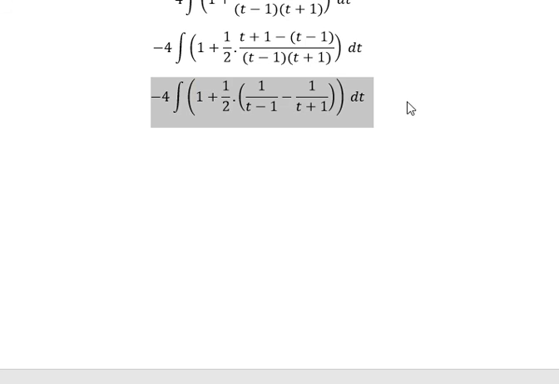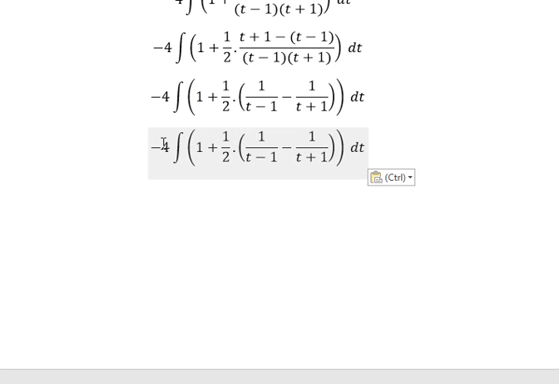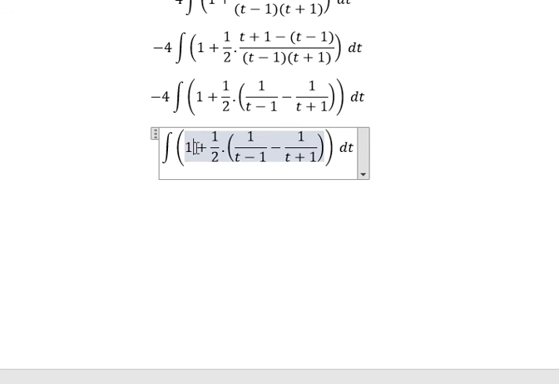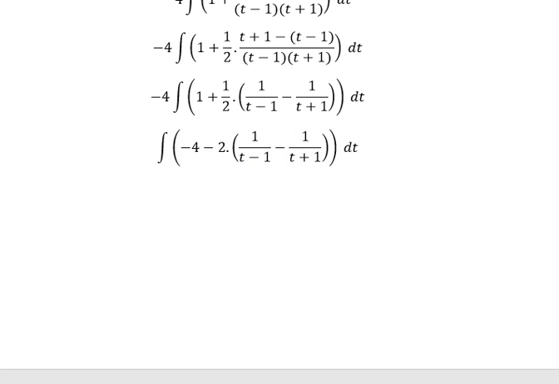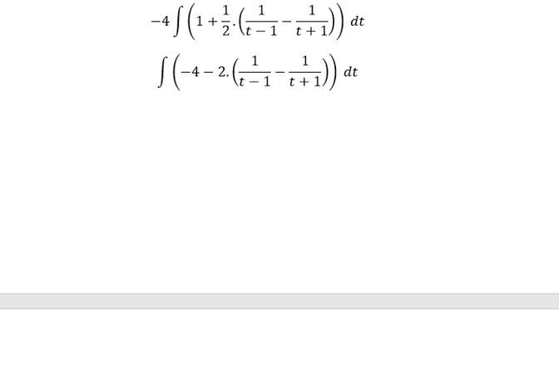And now we have the negative number 4. We multiply with number 1 and 1 over 2. And now we can get the final answer.